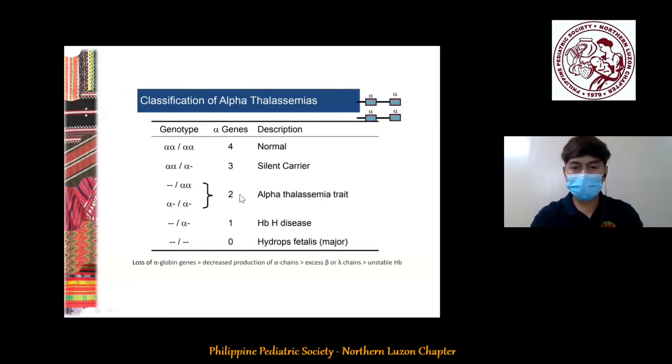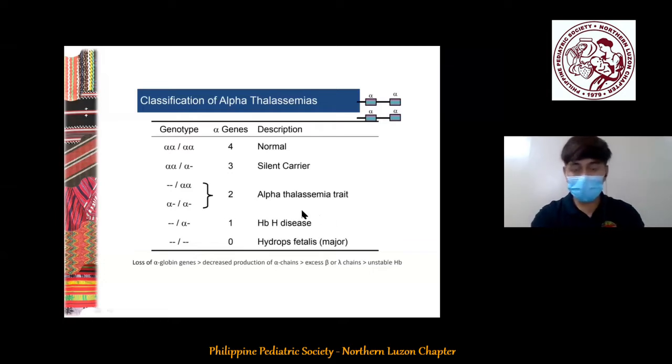And third is the alpha thalassemia trait kapag dalawang alpha genes ang dead or wala. And the HBH disease, isa lang ang alpha gene na mayroon. And kapag wala po, these are the hydrops fetalis na tinatawag natin.